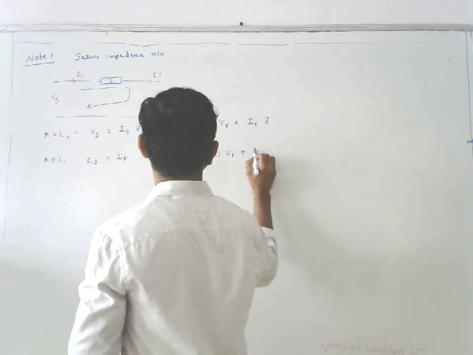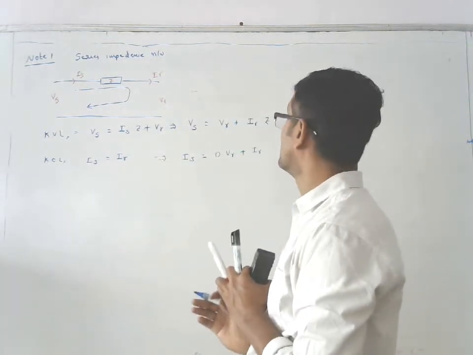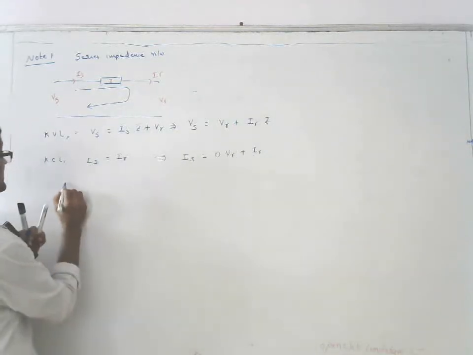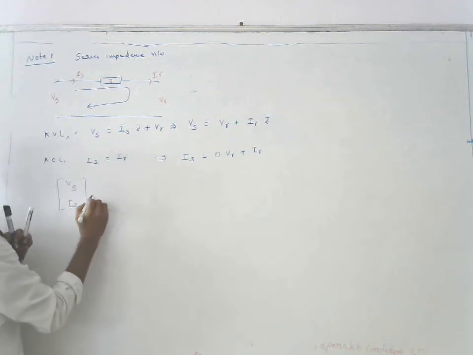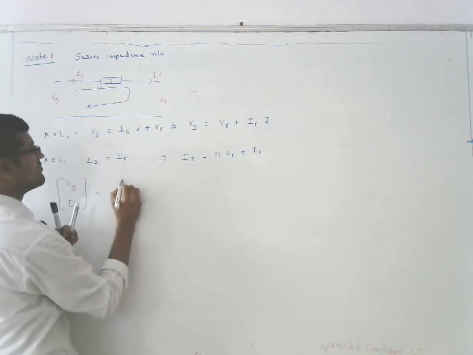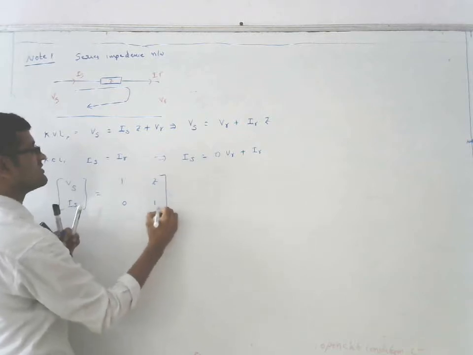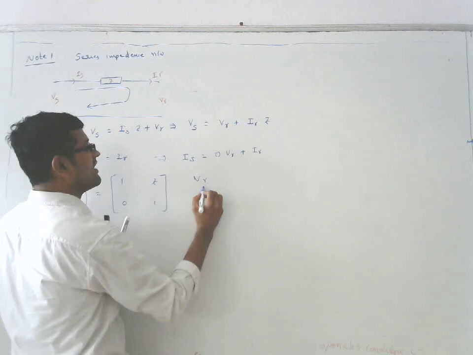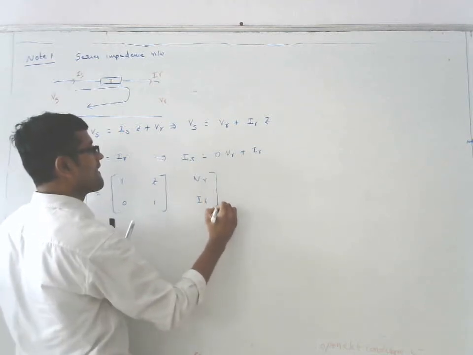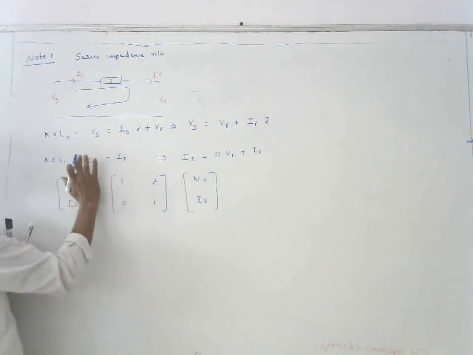Alright. Now if I write this in matrix form, Vs, Is is equal to what? I am getting 1 Z 0 1, times VR, IR. Remember students, very important analysis this is. Taking these equations by using KVL, I wrote here this equation.